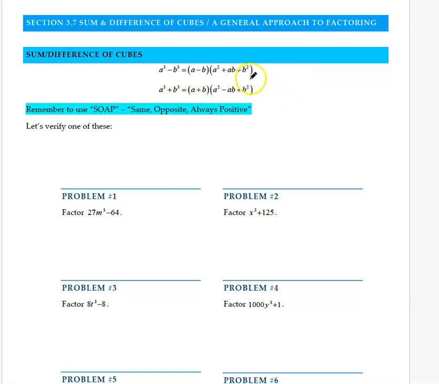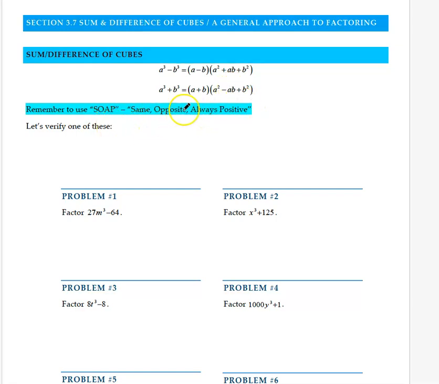These formulas are pretty similar to each other. We've got an A and a B in that first parenthesis, connected by a subtract sign, where the other one's connected by an add. And the second parenthesis looks pretty much the same, except for the signs in front of the ABs.